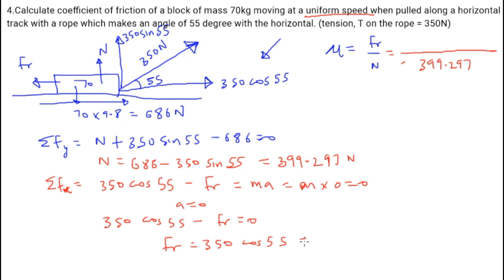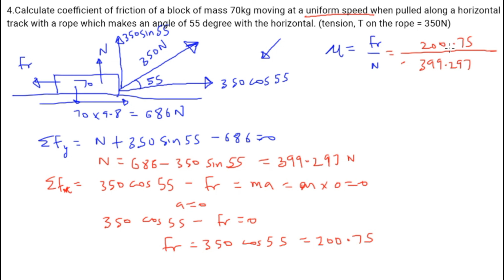So we can do that. 350 cosine of 55 degrees is equal to 200.75. So I can have 200.75 right here, divided by 399.297.